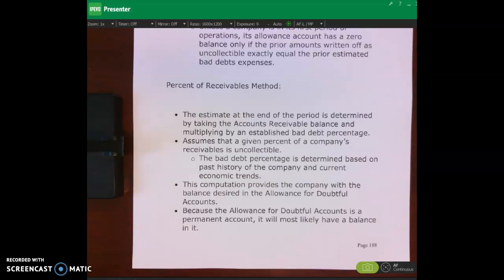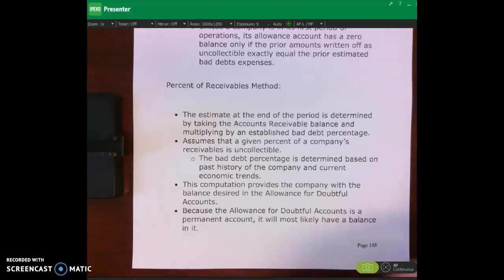Which accounts do we close out? The temporary accounts. We don't close out permanent accounts, balance sheet accounts. So the allowance for doubtful accounts probably already has some dollars in it. Before we're doing this end of period journal entry, it either has a debit balance or it has a credit balance. It has some dollars in it. So we have to consider that when we figure out our journal entry, okay?